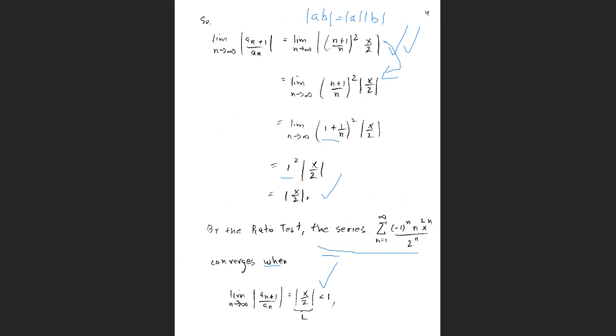See, we need to find values of x for which this power series converges, for which the sum would be finite if we put in those values of x. And that's what we're doing. Okay, let me give you a moment to copy that down. Let me know if you have any questions.